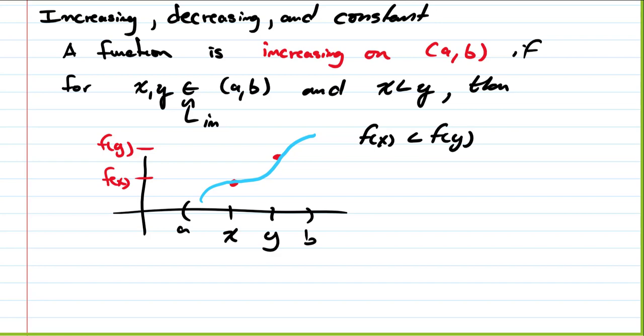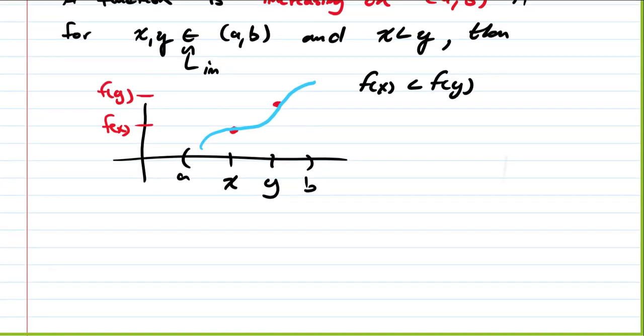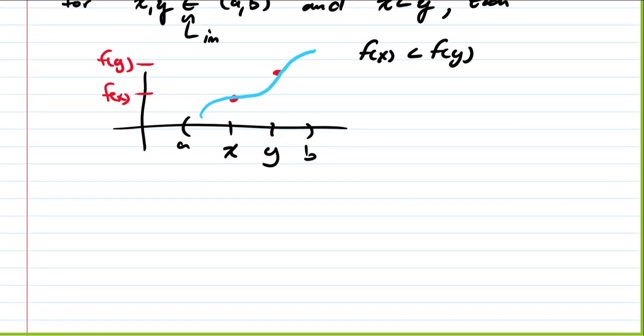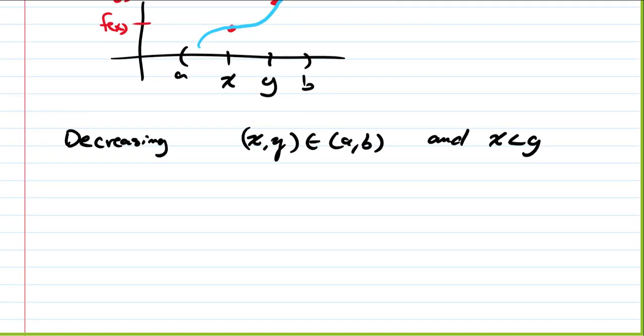We have similar definitions for decreasing. So decreasing is almost identical. If we have x, y in our interval a, b and x is less than y, if the function is decreasing, then f of x is greater than f of y.